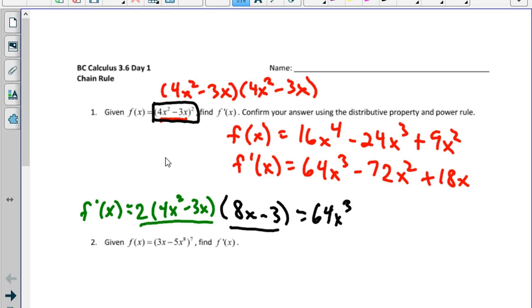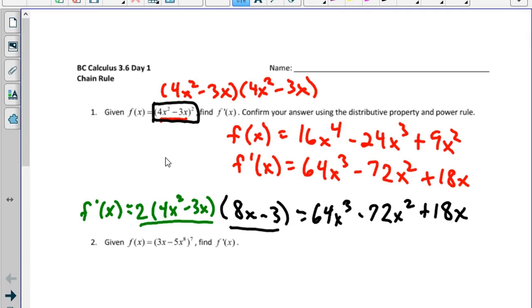For the x squared terms, I end up with negative 12 and negative 24, that's negative 36. Multiplied by that 2 on the outside, I get negative 72x squared. And then negative 3x times negative 3 is 9, times that 2 on the outside, I get 18x.